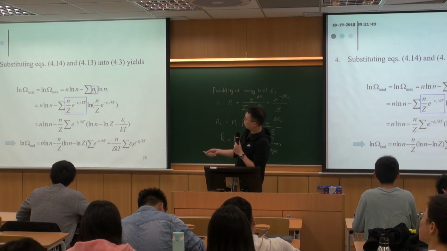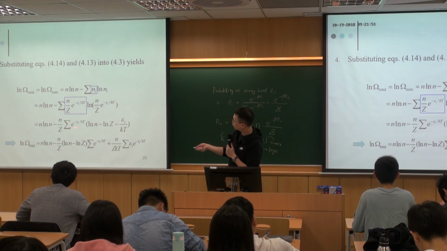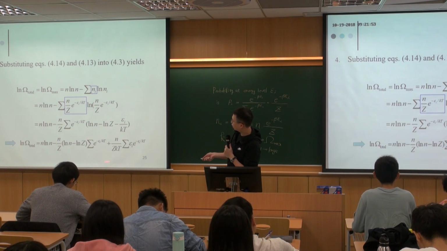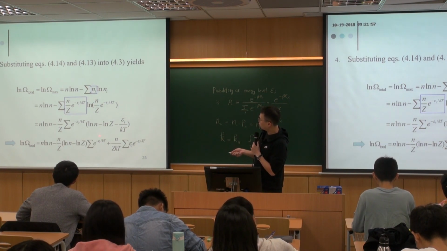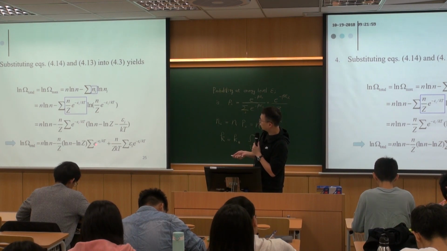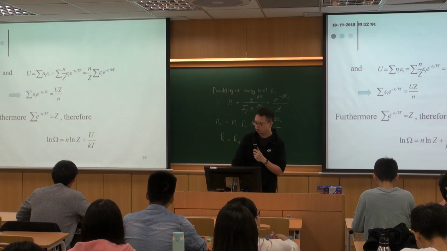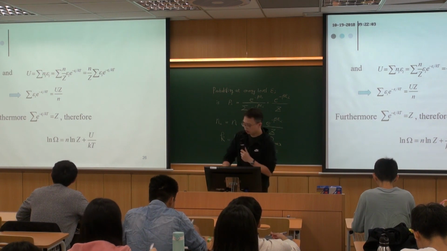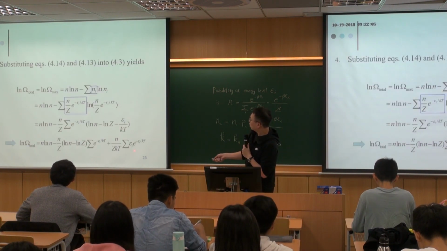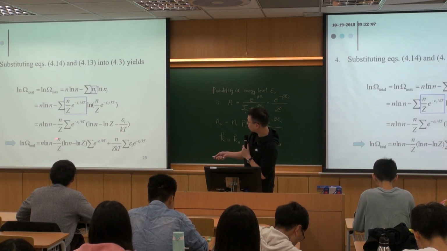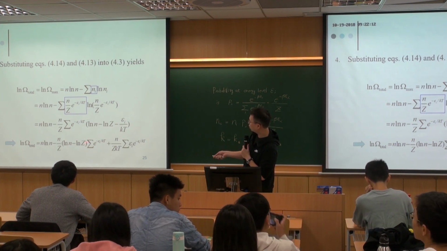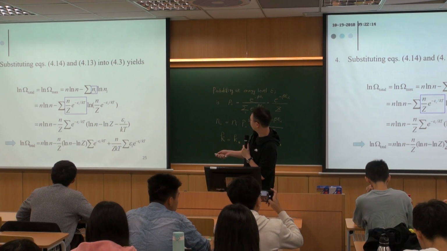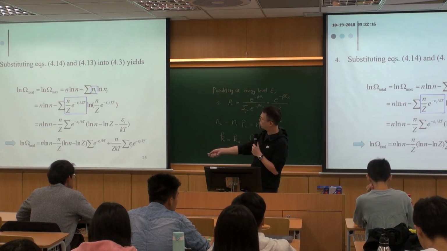So after some simplification, we'll arrive at an equation like this. You'll see that there's a term related to, this is hard to see. For this term, you know that the sum over these possibilities is just the partition function z.